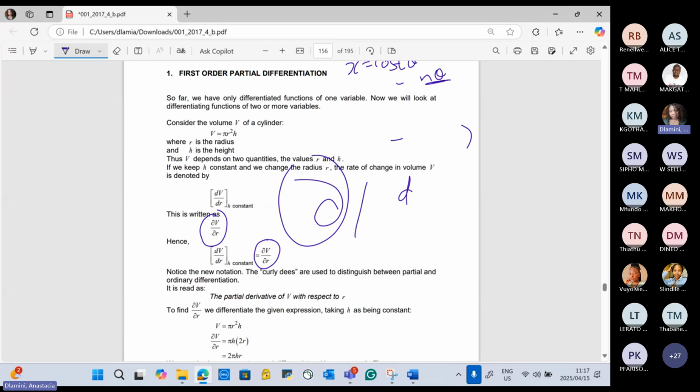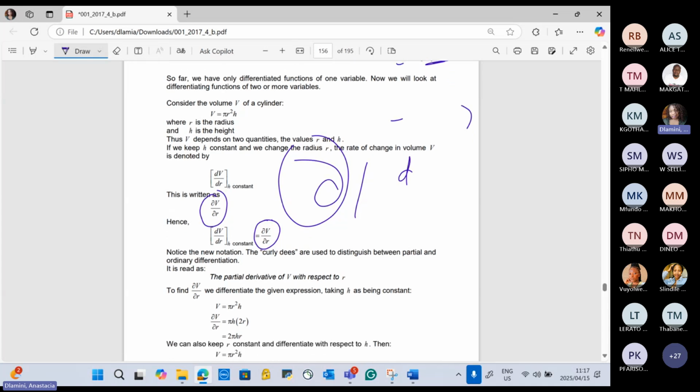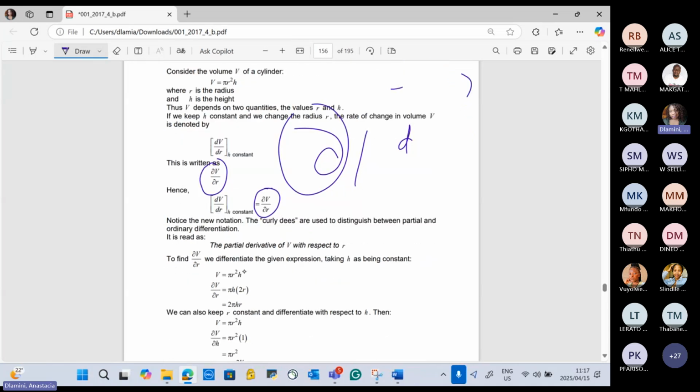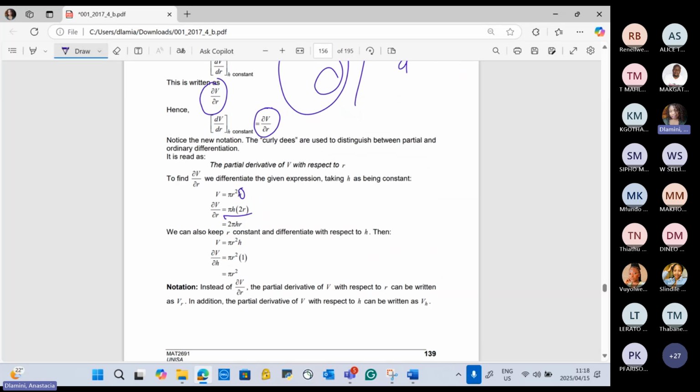So meaning that if you find this curly V over curly r, we differentiate the given expression taking h as a constant. So as you see here, h is constant, we just differentiate the r. So we can also keep r constant and differentiate with respect to h.